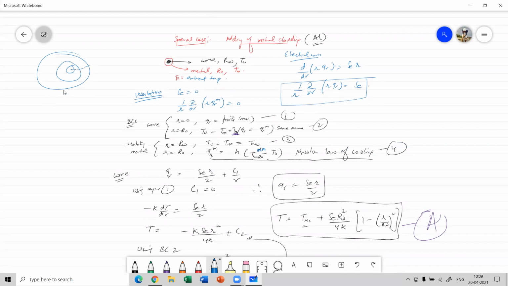The same general profile can be calculated where, as you may have seen in certain systems, there is a wire, inside that wire there are other small wires including a metal wire, then cladding, and then an outer cladding. So if there are three different composite systems, the same thing can be followed. So this is how the metal cladding system works. If you have any query, you can ask.